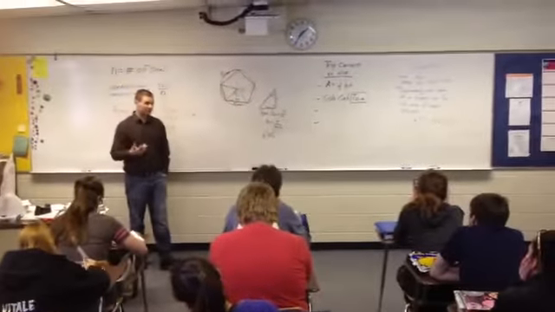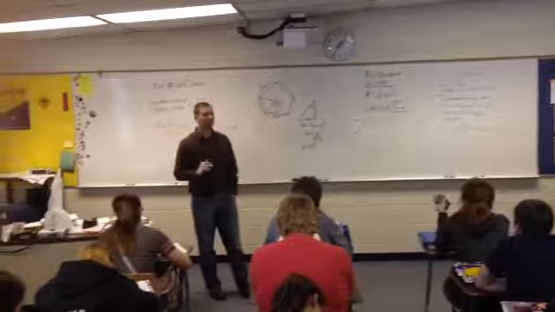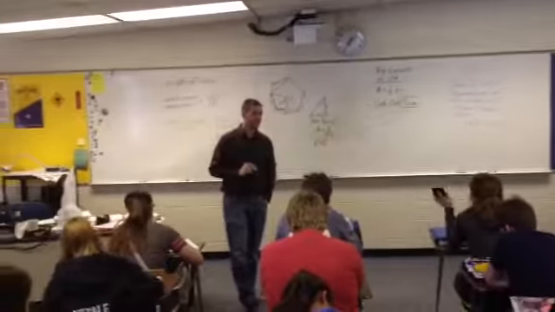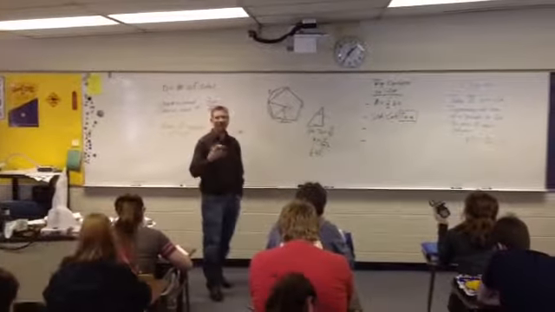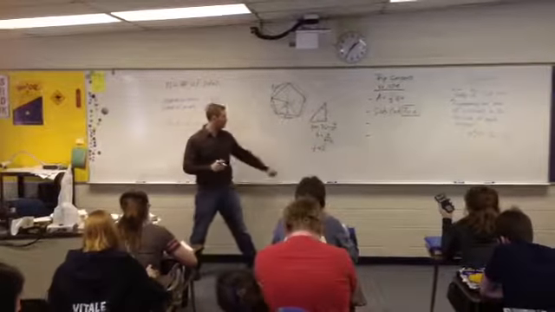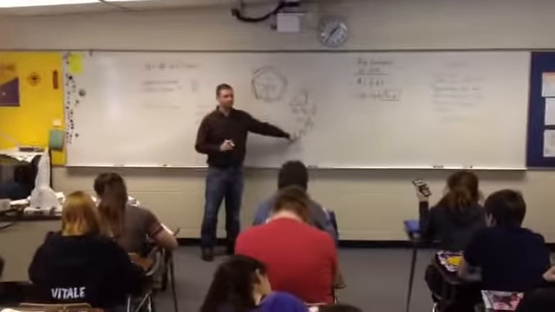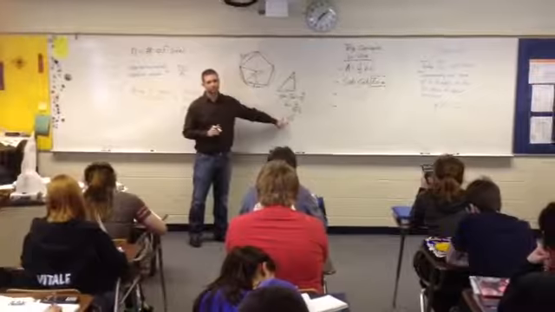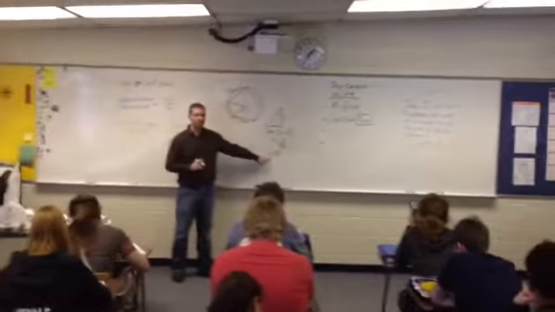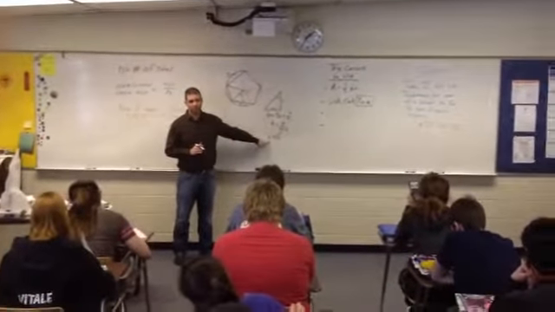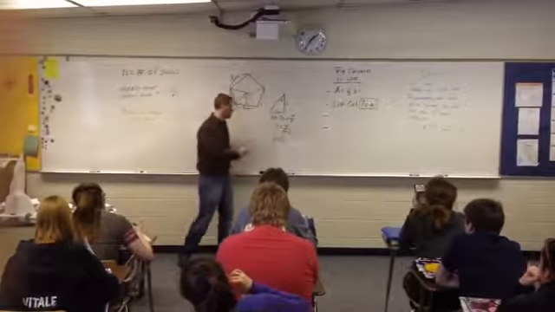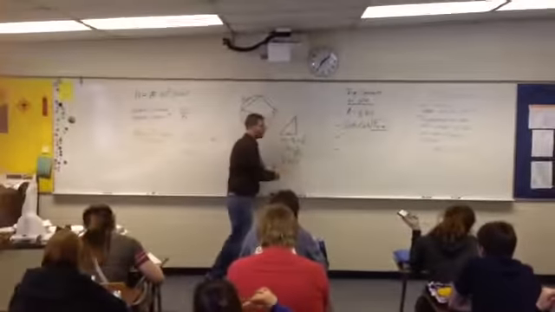On your calculators, take 4 divided by the tangent of 36. You should get 5.5. Then times 4, and then divide by 2. Now that is just the area of that triangle.